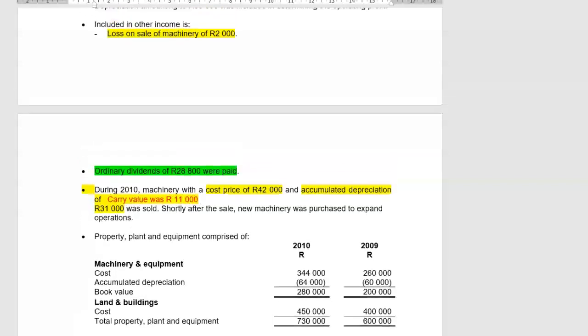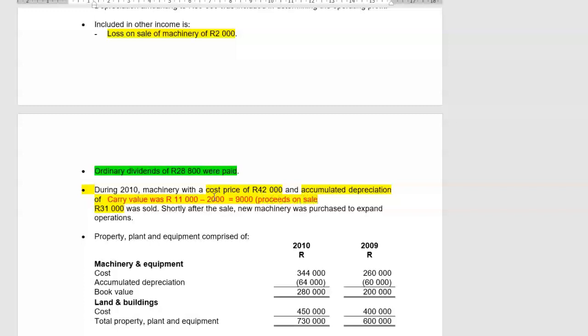They've just told me that we made a loss on the sale of machinery of 2,000. So that means I've received less for the machinery than what the carrying value was. So I have received 9,000, which was the proceeds on the sale.